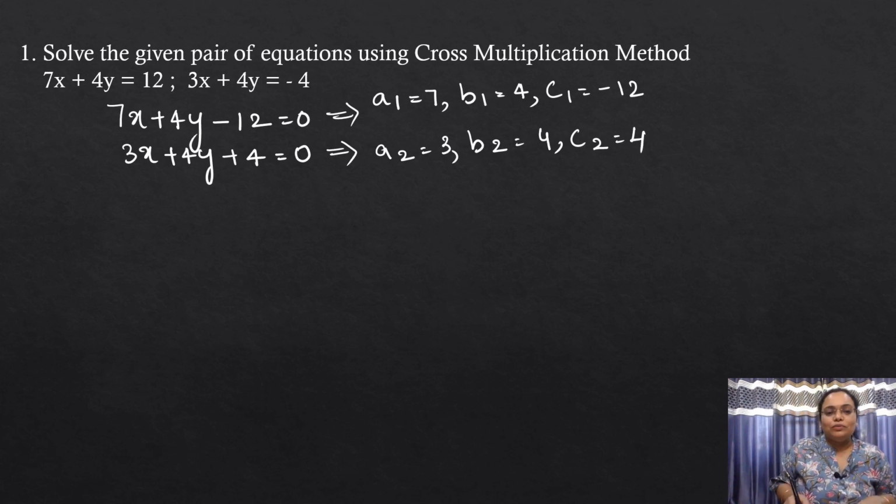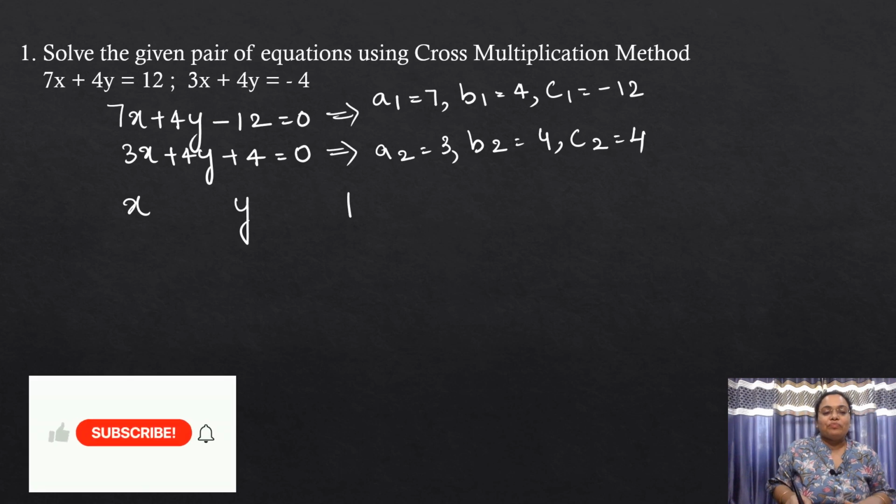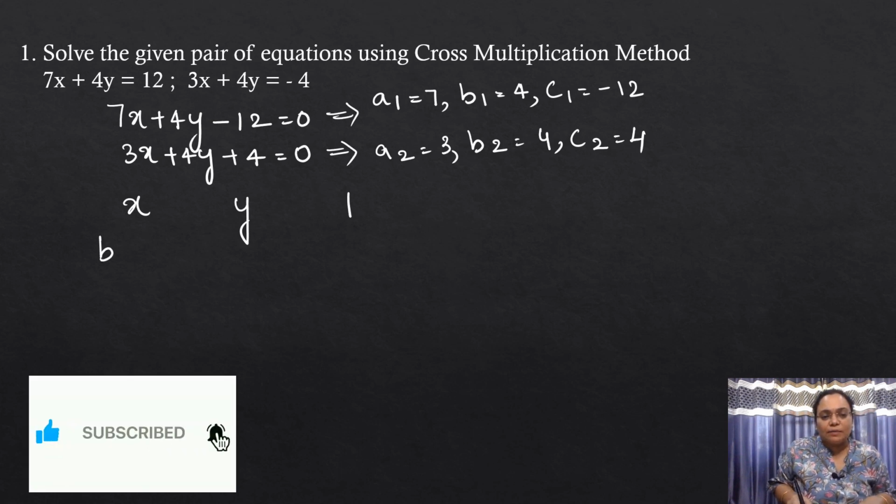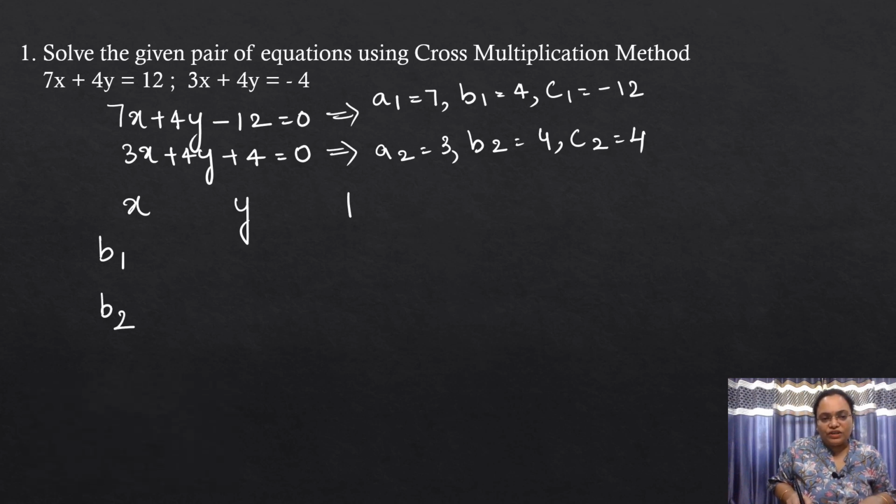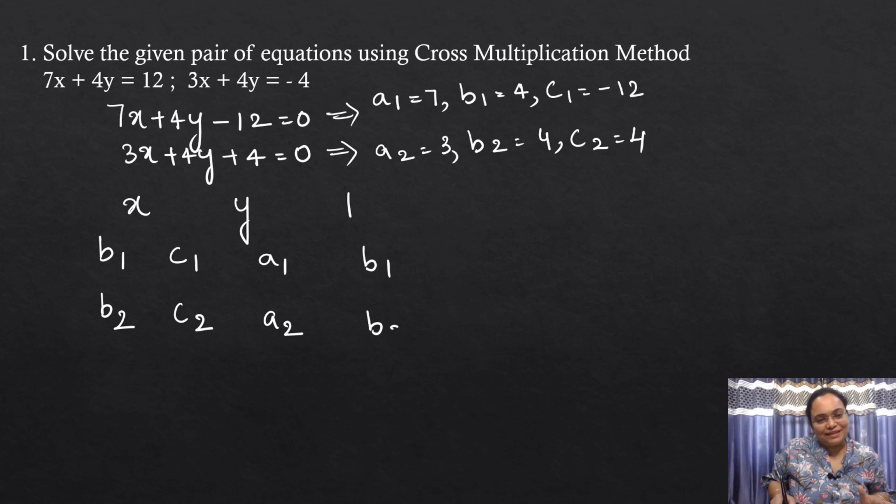Now, let us take x, y and then constant. Under x, we get the B1 and B2 coefficients. After B1, B2, we have C1 and C2. After C1 and C2, we get A1 and A2. After A1 and A2, we come back to B1 and B2.